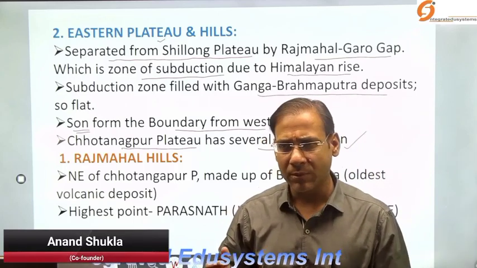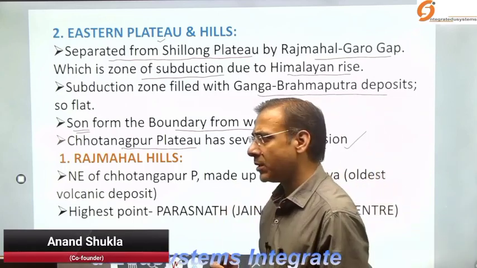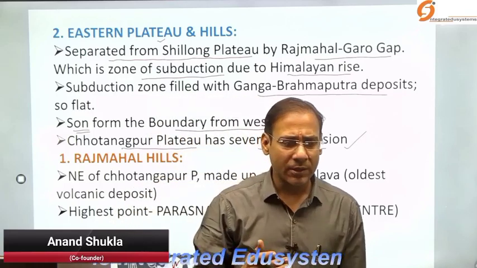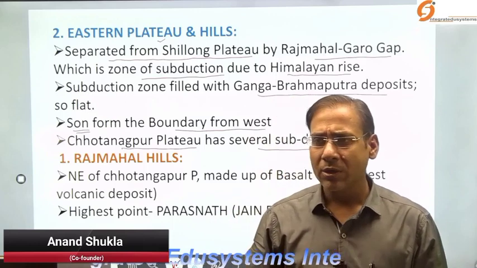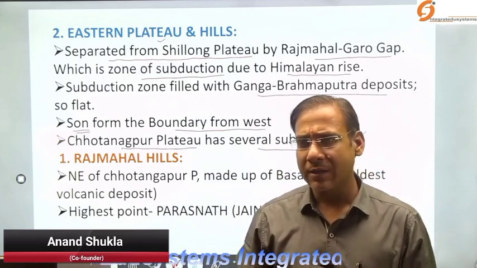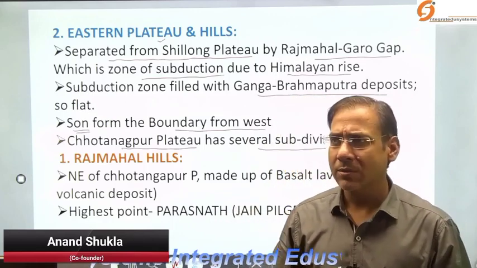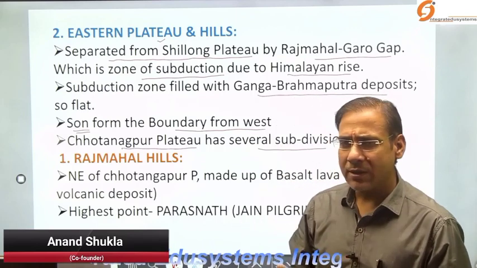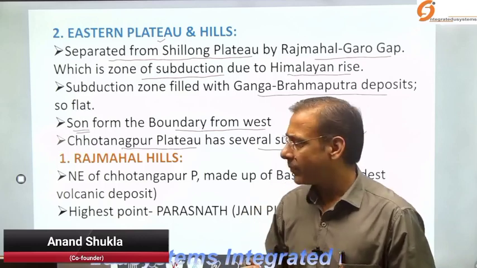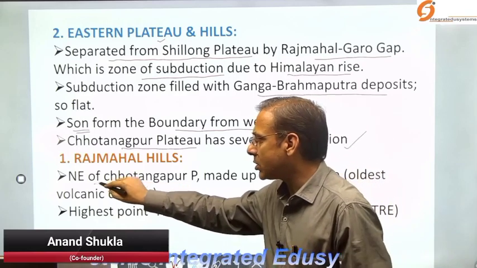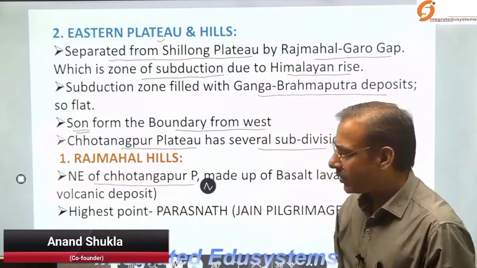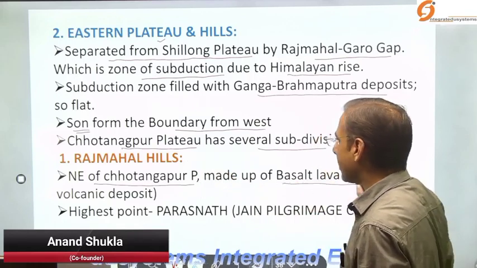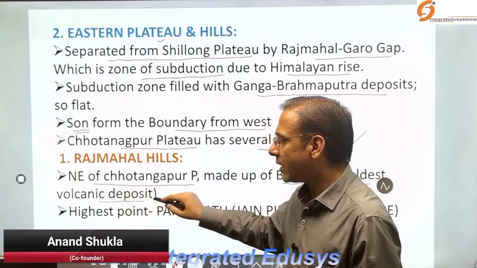The formation began and continued till the Eocene period, and due to fissure eruption when the Indian plate was moving over the Reunion hotspot, cracks were created through which the basaltic lava erupted out. So the Rajmahal is an extension of that. In the northeast of the Chota Nagpur Plateau, these hills are present, which are largely made up of basalt lava, the oldest volcanic deposit.